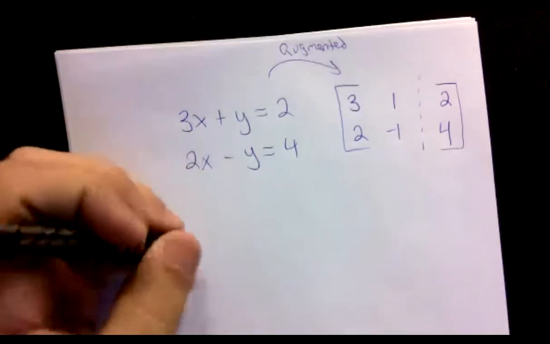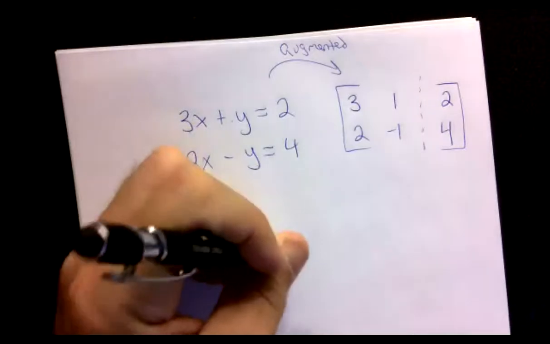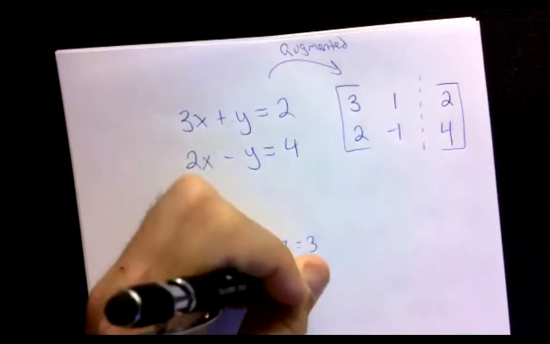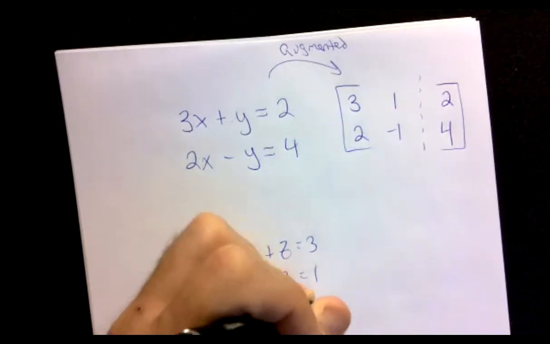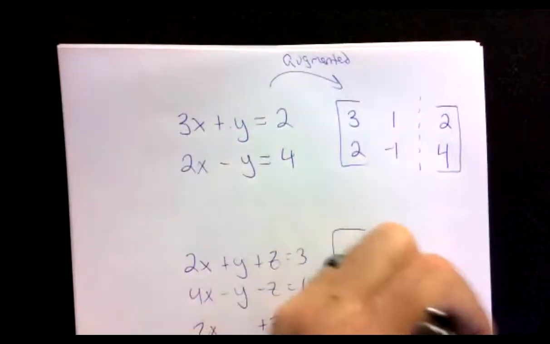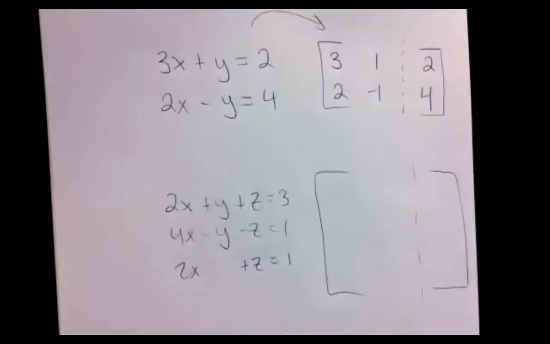You can do the same thing for a 3-variable system. Again, you basically just drop the variables.